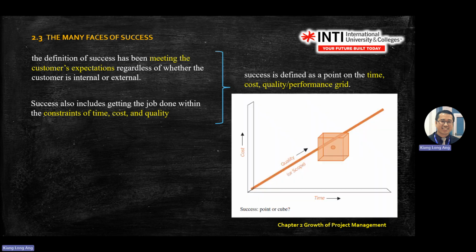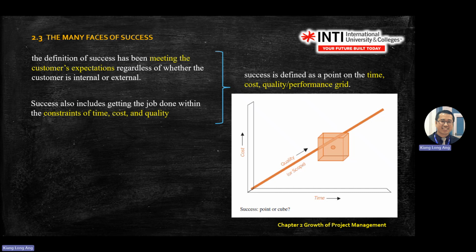The success of a project can be qualitatively illustrated by a diagram. The y-axis is cost, the x-axis is time, and then there is one more dimension, which is quality, or your project scope or specification. Let's say you define your success as within this cube.